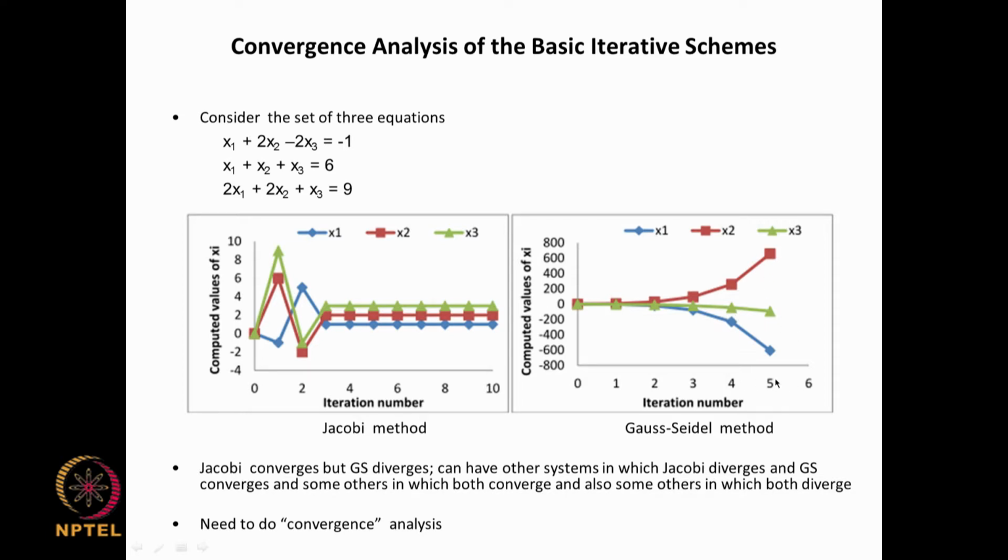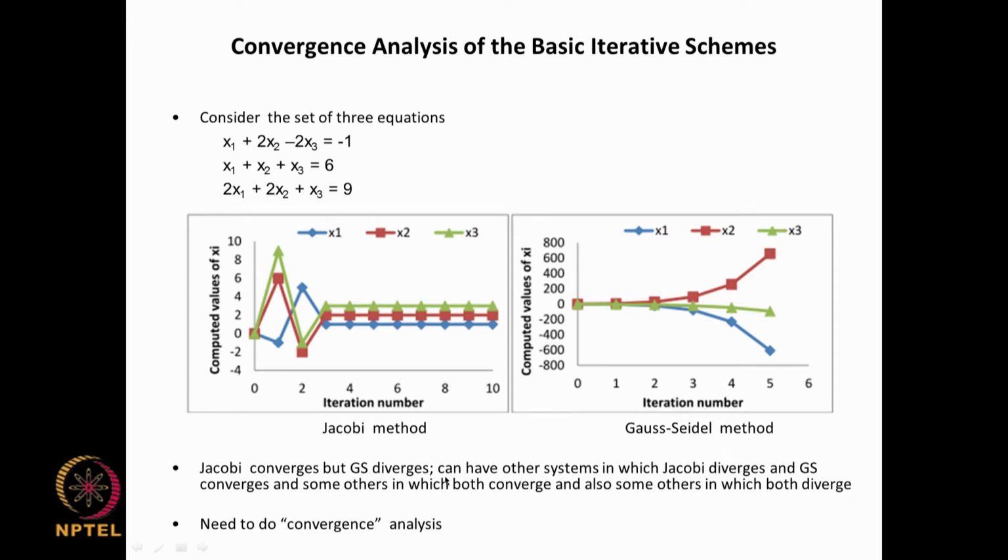At the next step, x1 has become minus 600, x2 has become plus 600, and x3 has become minus 50 or something like that. So instead of converging to values of 1, 2, 3, they are diverging. In this particular case, Jacobi converges quickly and the Gauss-Seidel method diverges.